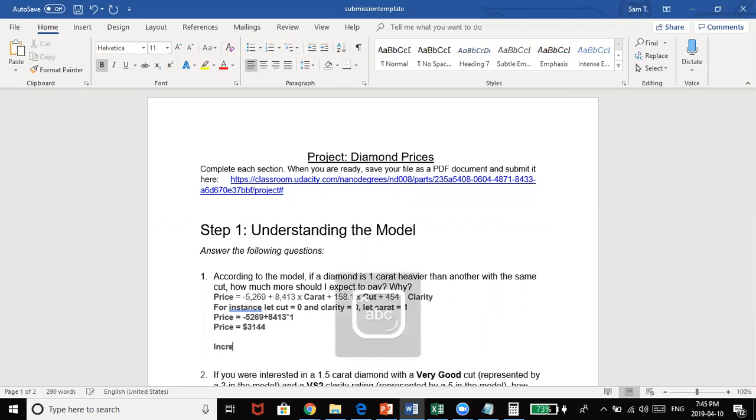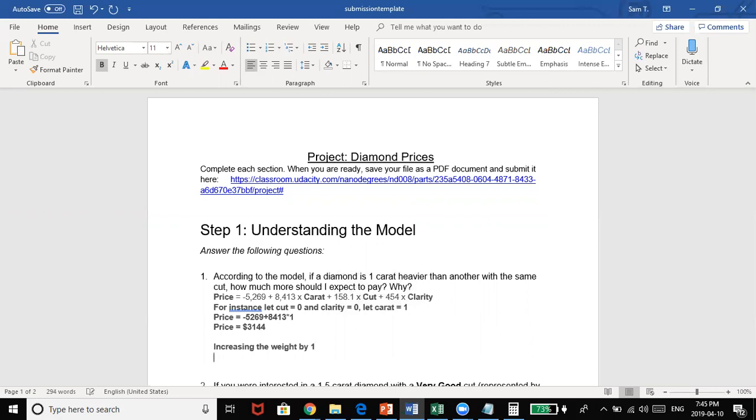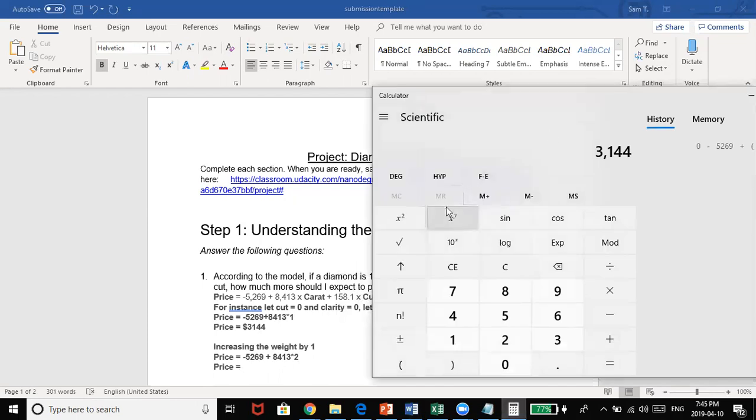So increasing the weight by 1, you're keeping other variables constant, so the price would be equal to negative 5269 plus 8413 times 2. And the price in this case would be equal to, I'll bring up my calculator again just to make sure you guys see what I'm doing.